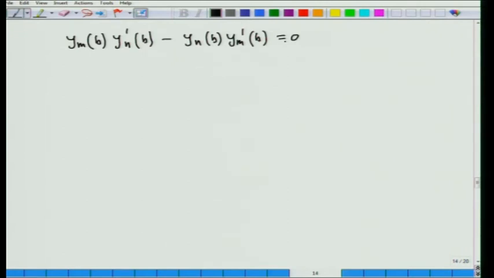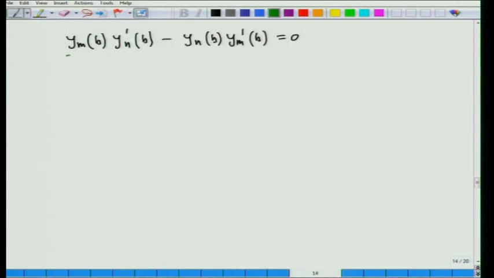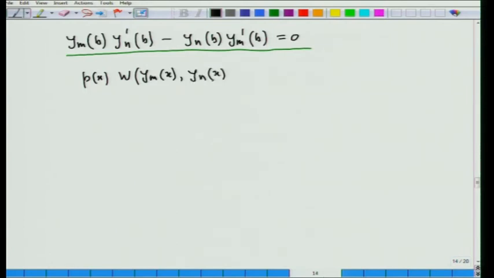So, combining these two results, that is y m(a) y n dot(a) minus y n(a) y m dot(a) equal to 0, and then y m(b) y n dot(b) minus y n(b) y m dot(b) is equal to 0, you can derive that p(x) times the Wronskian of y m(x), y n(x) from a to b is equal to 0.